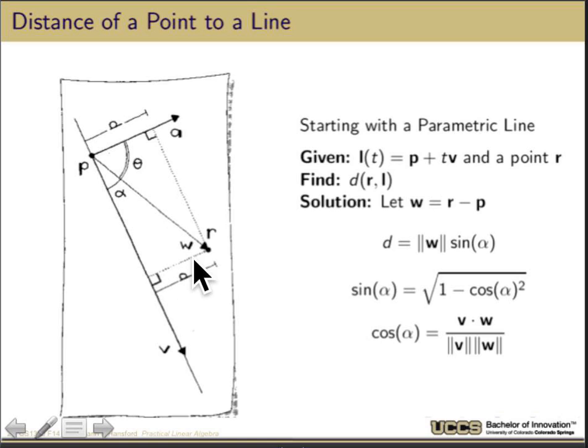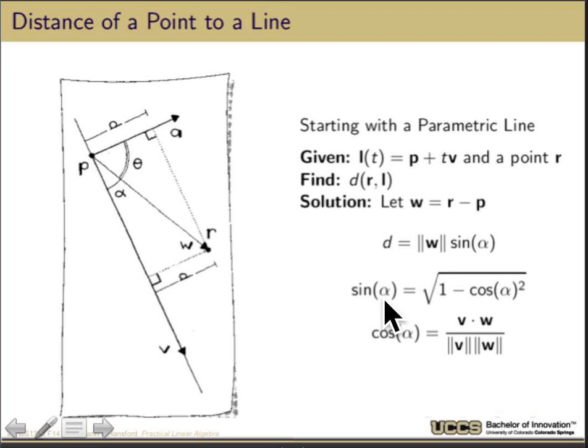If this is the perpendicular, I know that the magnitude of w times sine of alpha, this angle here, will give me the distance d. Again, sine is opposite over hypotenuse. Just bring them back over on the side.